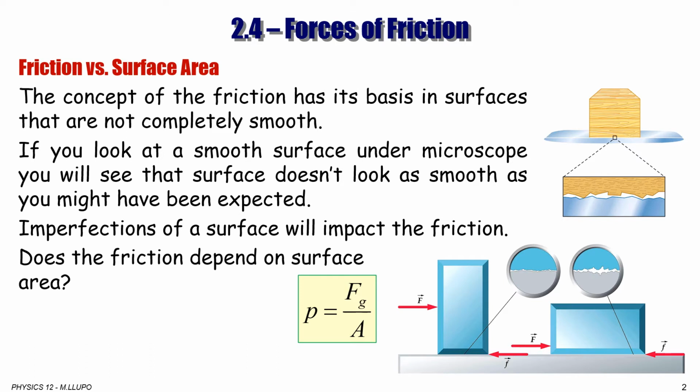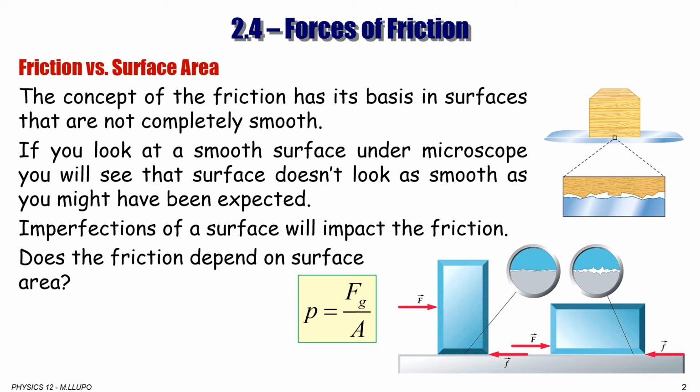Now, if you place that box in a smaller surface area in contact, based on pressure, which is force that is applying toward that surface, divided by surface area, but that force is a force of gravity. So the weight of that block is going to push itself toward that surface area. So the pressure is going to make those two surface areas in contact very close together.